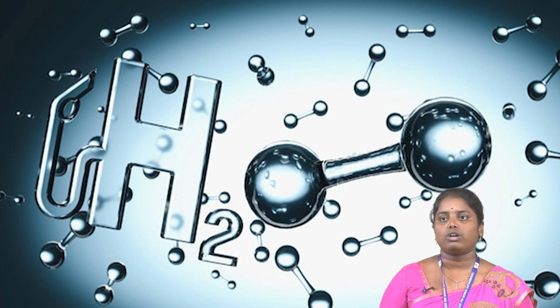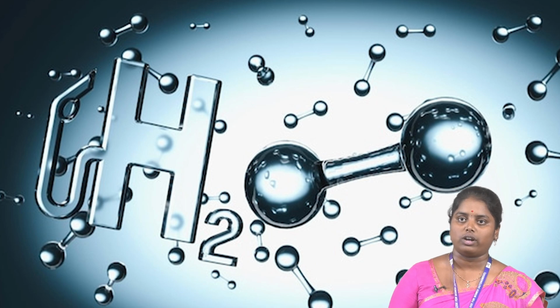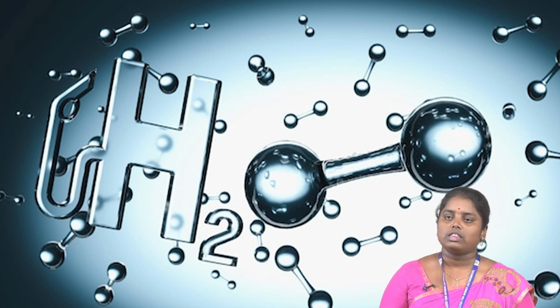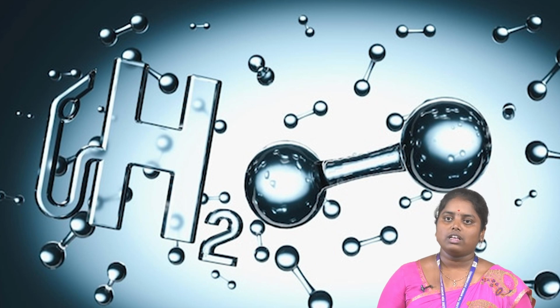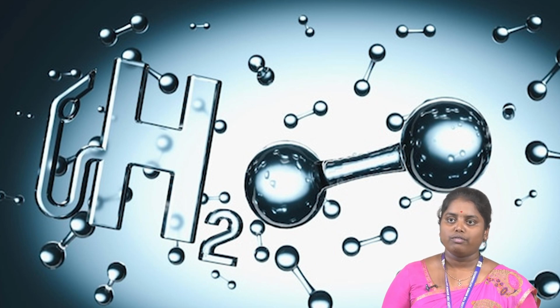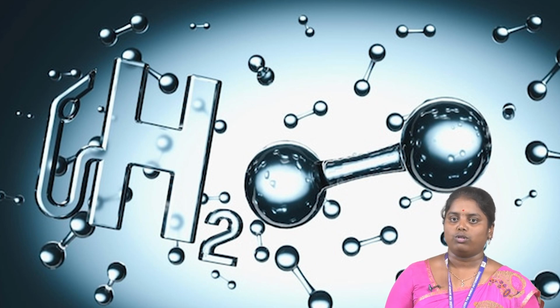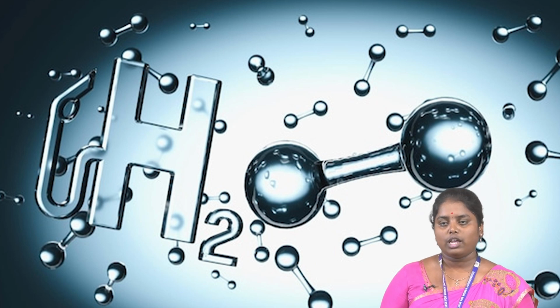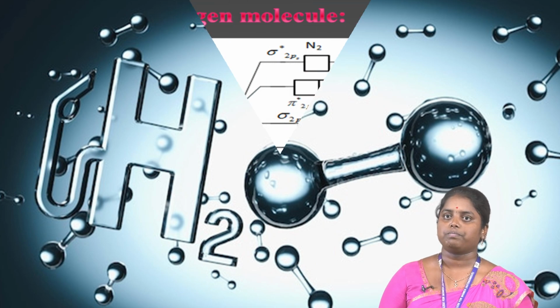Thus, the bond order of hydrogen is obtained as 1. This means that the two hydrogen atoms are bonded together by a single covalent bond. The bond dissociation energy of the hydrogen molecule has been found to be 438 kJ per mole. Bond length is equal to 74 pm.